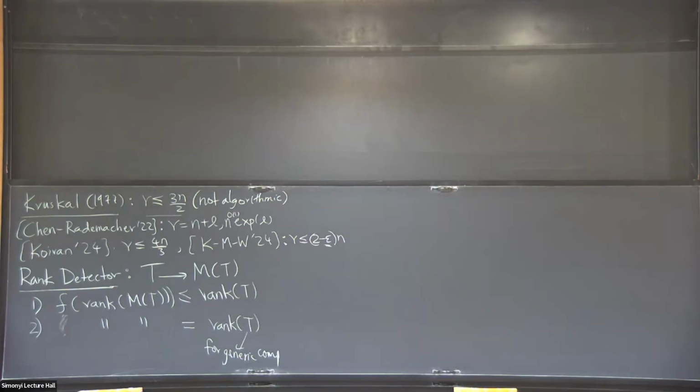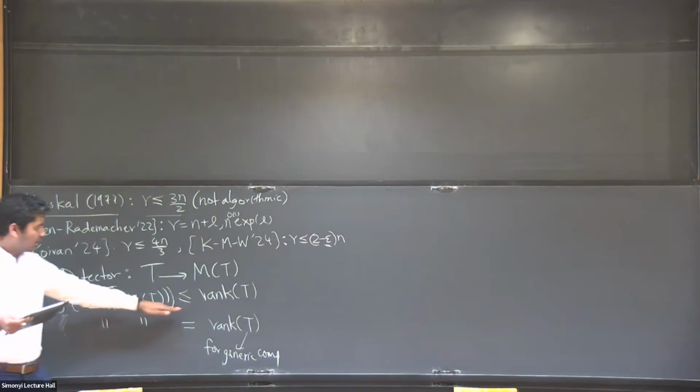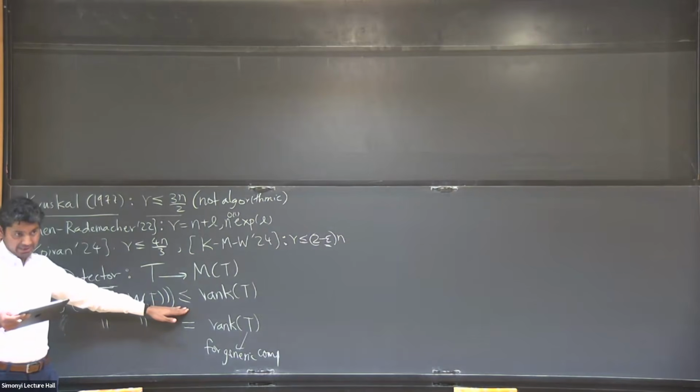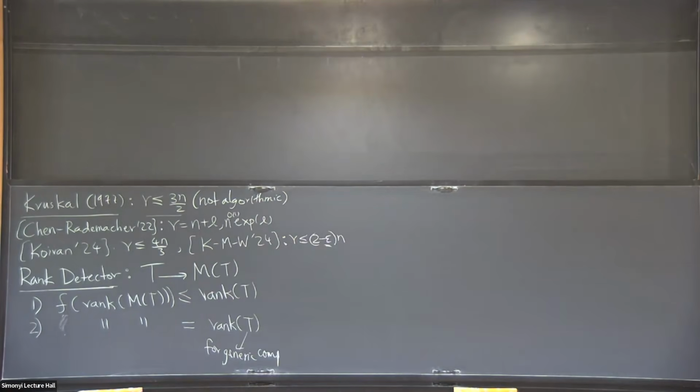No. So this has to hold here for every tensor simultaneously. I see. It has to be a clever map. Yes. Yeah, but it turns out that there is a closely related map to Jennrich's algorithm that does work.